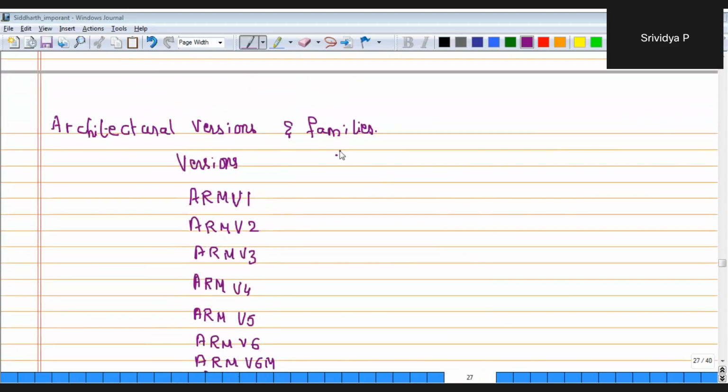Going on to families, why do we have to have so many versions? ARM has so many versions of processors, and each version differs in its architectural features. So going on to families, ARM version 1, one example is ARM1 processors.